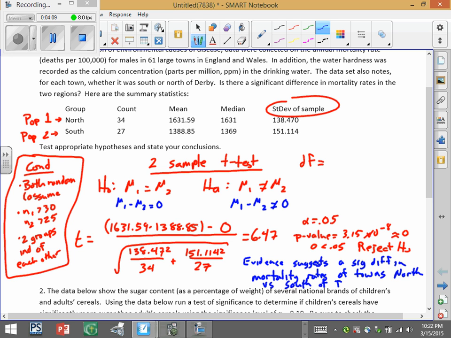And the one thing you've got to make sure you go back and fill in is the gap with the degrees of freedom. The calculator told you it is 53.5 degrees of freedom. So don't forget to put that piece in there.